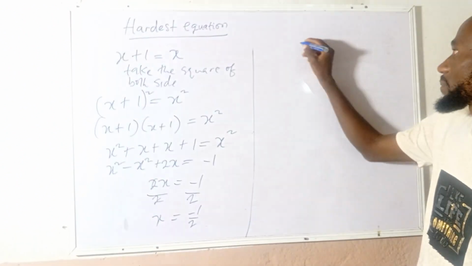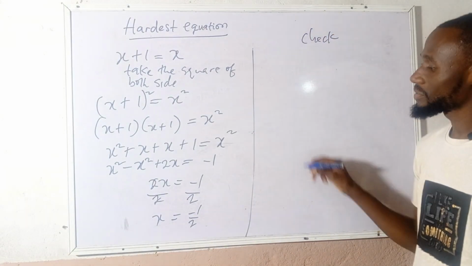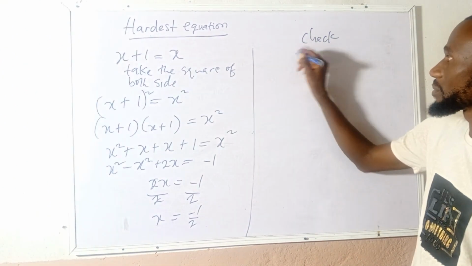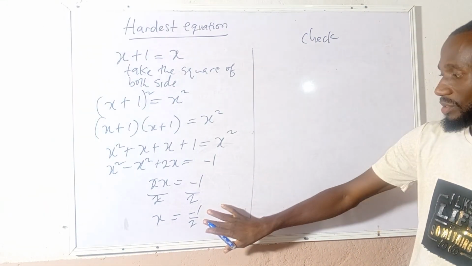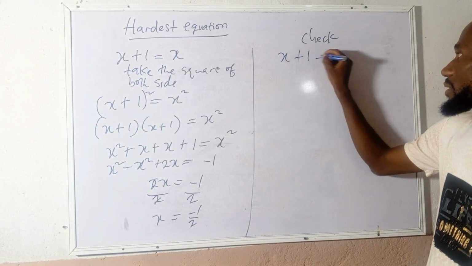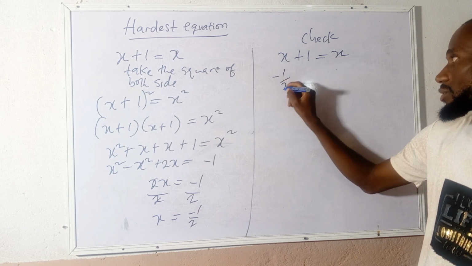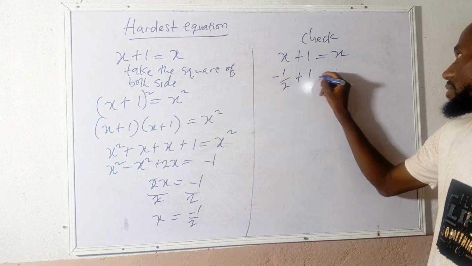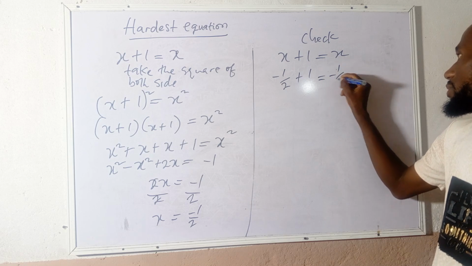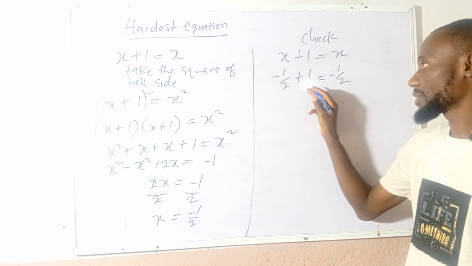Let's check the equation. For you to check the equation, we can substitute the value of x is equals to minus 1 over 2. As x plus 1 is equals to x, we have minus 1 over 2 plus 1 is equals to minus 1 over 2. We take the LCM as 2 here.